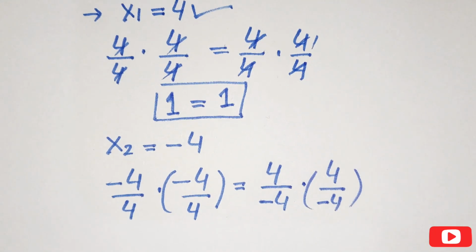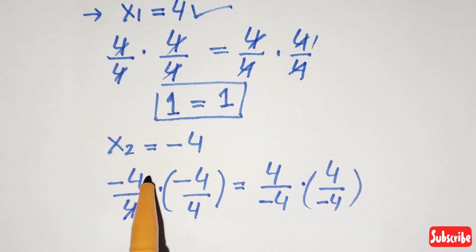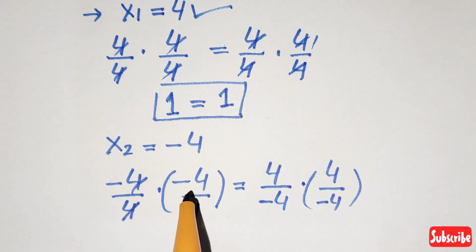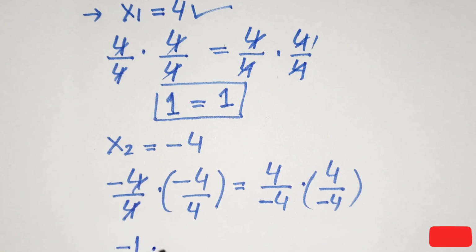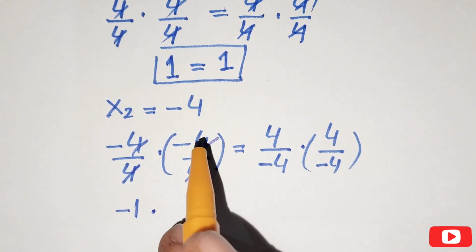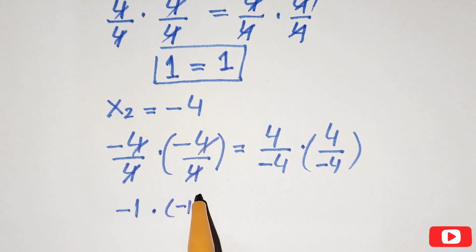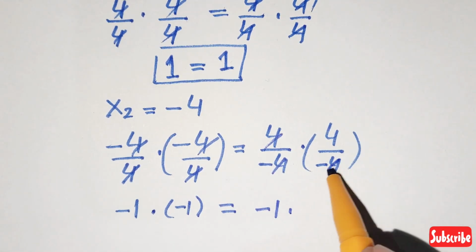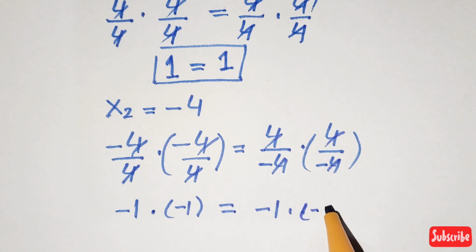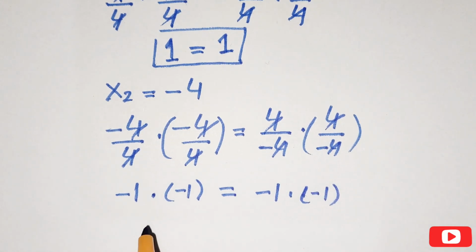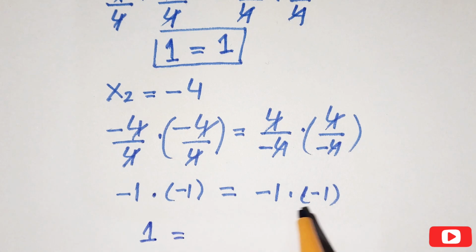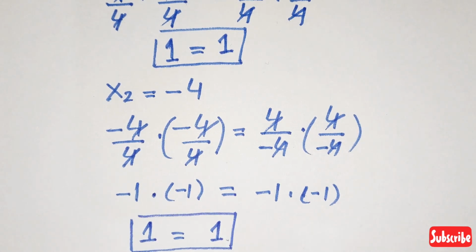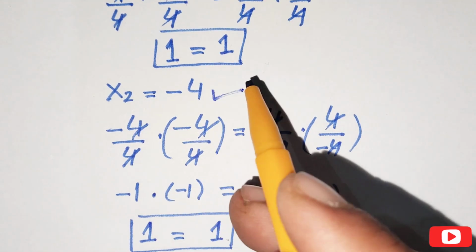Here 4 cancels with 4, so we get minus 1 times minus 1. Minus times minus is plus, so we get 1. So 1 is equal to 1, left hand side is equal to right hand side. This value is also correct.